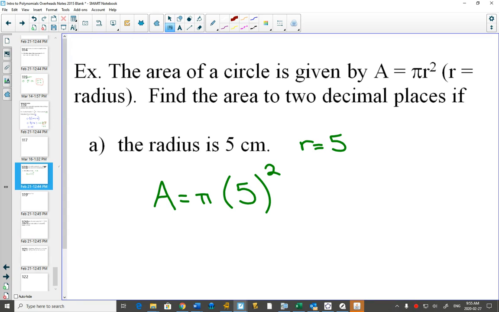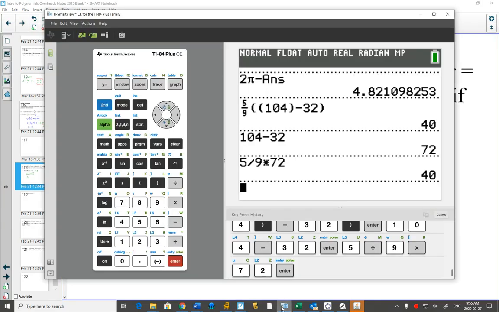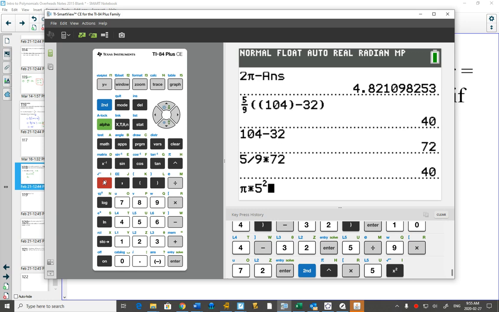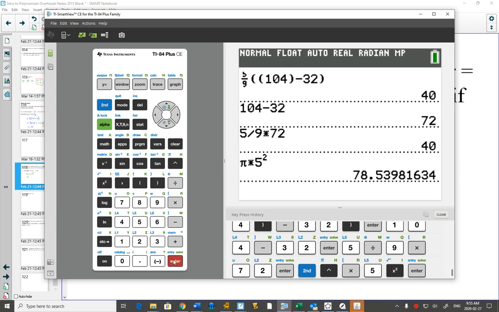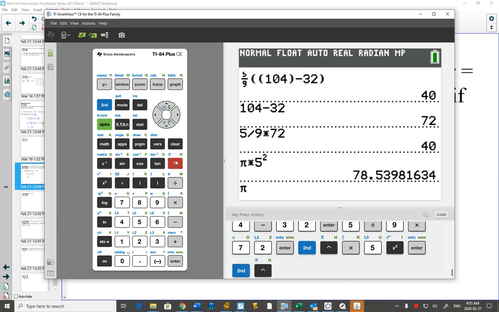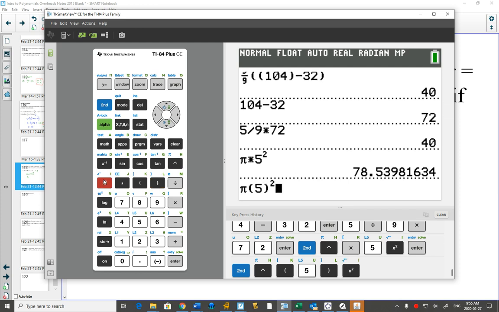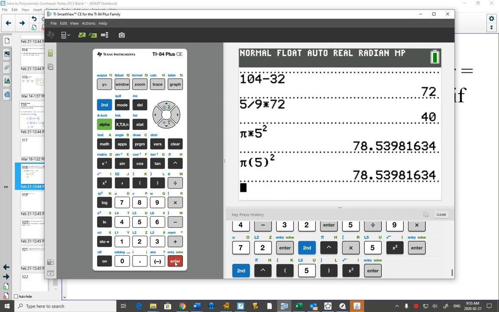Once again, our calculators are so nice, I would tell you just type this all into your calculator. So pi times 5 squared, could write it that way. Or if you want to write it exactly, pi, and then we put bracket, 5 bracket squared. That's exactly what our note said. Calculators are so nice now that you can type exactly what you see on your paper into your calculator.